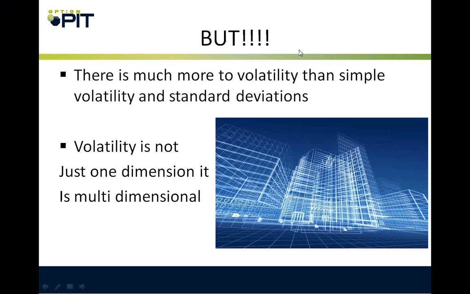The problem is volatility is not one-dimensional. It is multidimensional. Now, think about this. Anybody ever play those slot cars when they were a kid? Or, anybody a skateboarder here? Or even, I still like slot cars or a scooter, something like that.